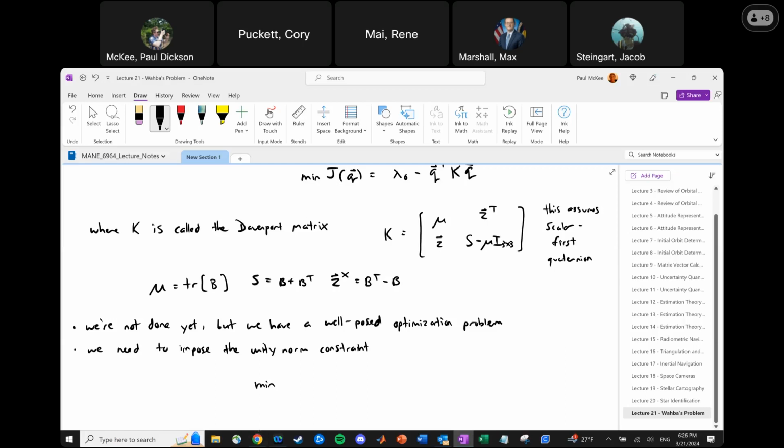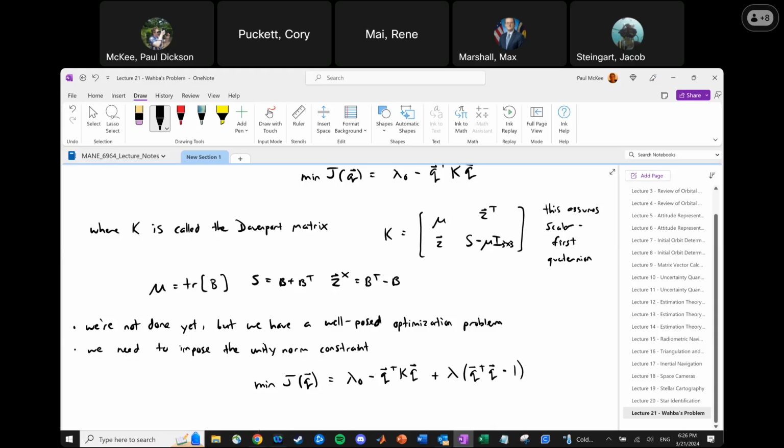The minimum of J, which is a function of Q, is lambda naught minus Q transpose K Q plus lambda Q transpose Q minus 1.